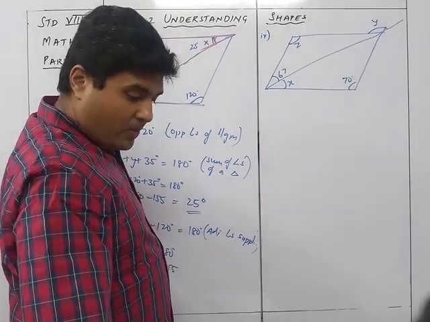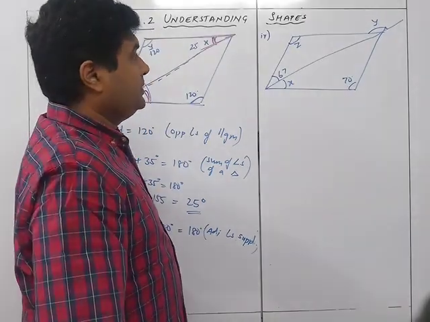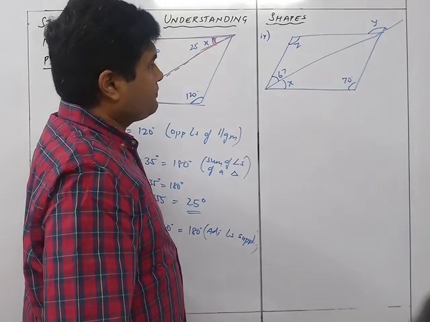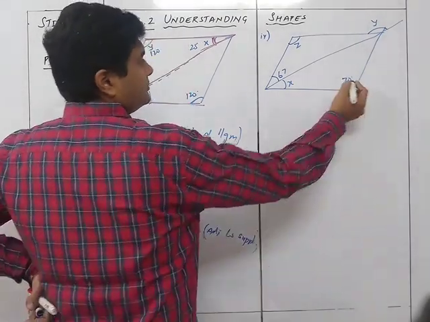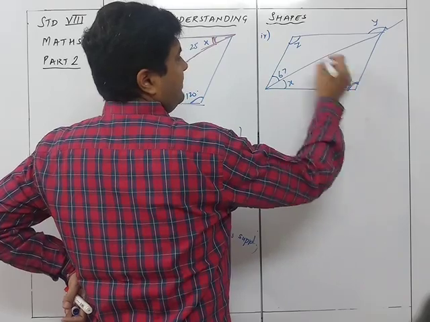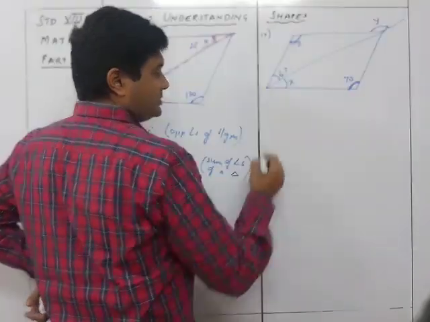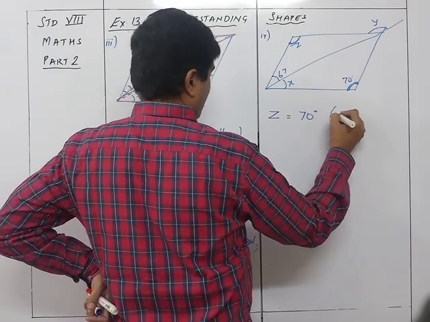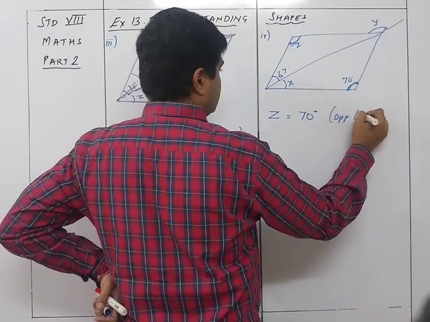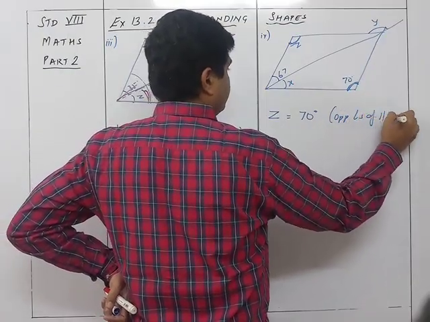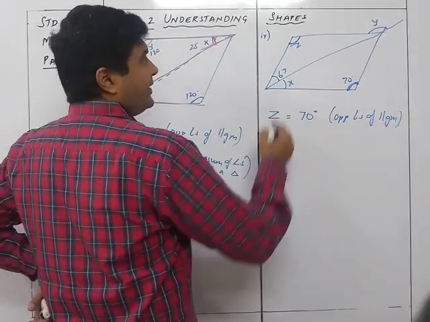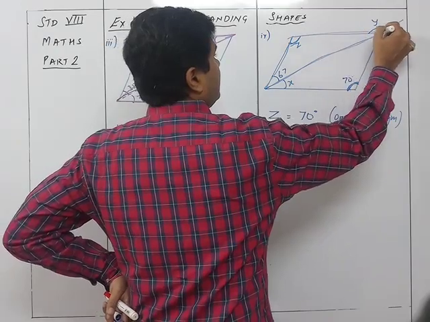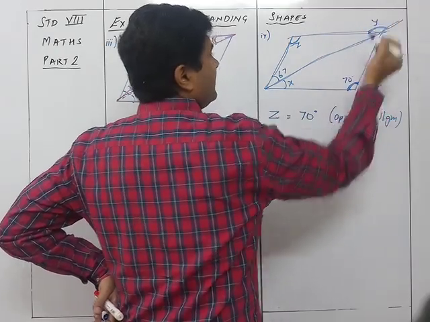So let's see one by one what are the possible answers. First of all, this is 70, so this will be 70, opposite angles. So Z is equal to 70 degrees, opposite angles of parallelogram. Now in this triangle, this angle is the exterior angle of the triangle.